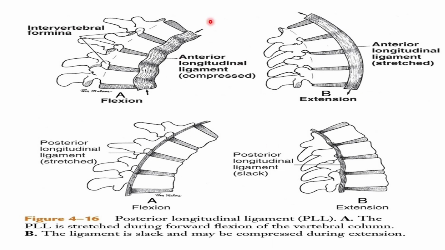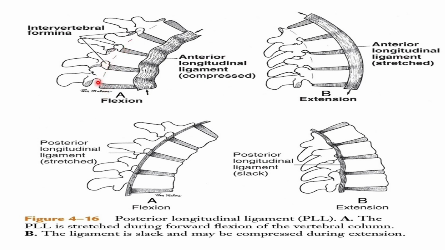So in this diagram, you can see here, during flexion, your anterior longitudinal ligament will be getting compressed, and posteriorly all the ligaments will be getting stretched. And in the intervertebral disc, the anterior annulus fibrosus will be getting compressed and bulged anteriorly, and the posterior annulus fibrosus will be getting stretched.